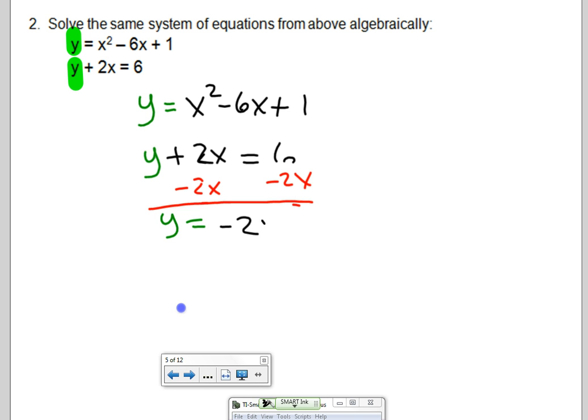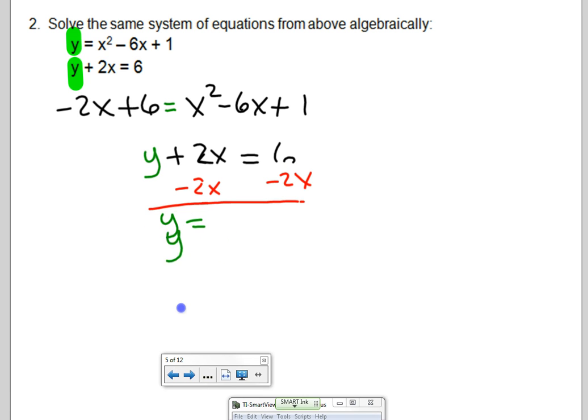And so then we can get negative 2x plus 6. And then I can take this y value and substitute it in for that y value. Either way, it's going to work. All you have to understand is that you're replacing a y value for the other y's value, and you're substituting basically an expression in place of that y value.